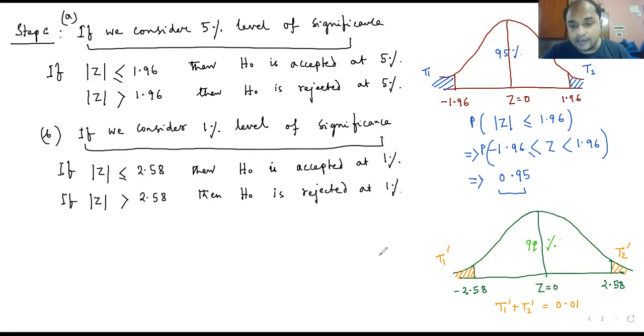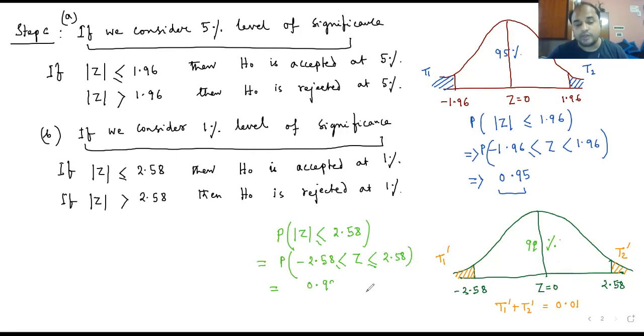Now, again, if you try to find the probability of this quantity, using the technique of the normal curve, just as we did in the chapter of normal distribution, from the normal chart you will find that this value is going to come out as 0.99.